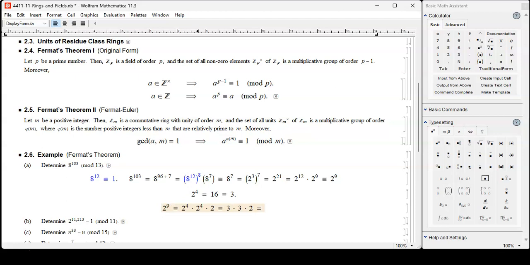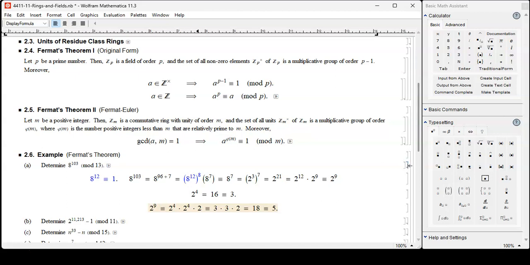Okay, this one I can do. 9 times 2 is 18. And that's congruent to 5 modulo 13. So it looks like I'm getting 5. Is this the only way? There must be other ways, but this is one of those ways that work.